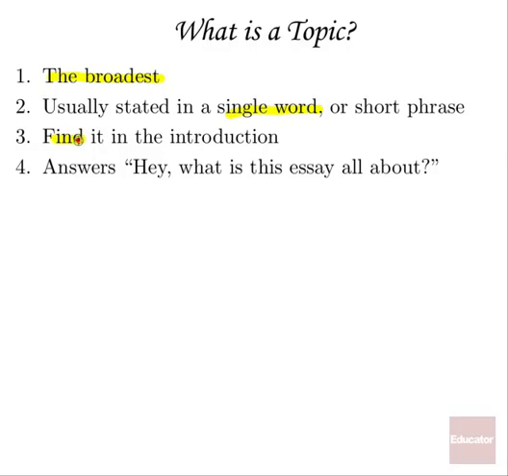If you can't find the topic in the introduction, the writer's probably not doing the best job for you. You will always be able to find the topic in the introduction, even if it's at the very last sentence because the author just decided to surprise you. The topic is how you would answer this simple question: Hey, what is this essay all about?